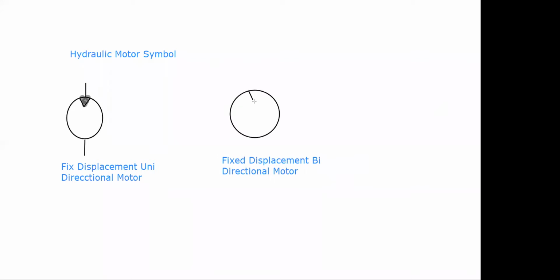This triangle is again inverted because this is a motor, and the triangle is simple in the case of a pump. And this is bidirectional. That's why we are going to draw the triangle in this type here. And again, we are going to handle this hydraulic fluid. That's why this triangle should be shaded like this.